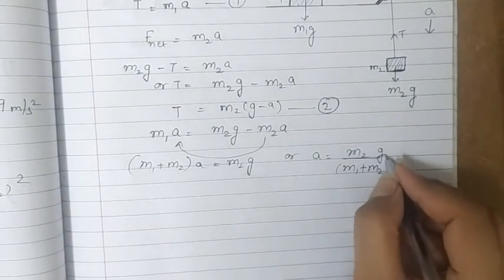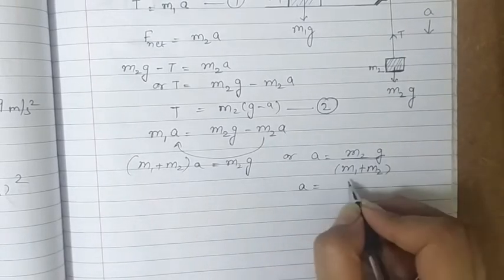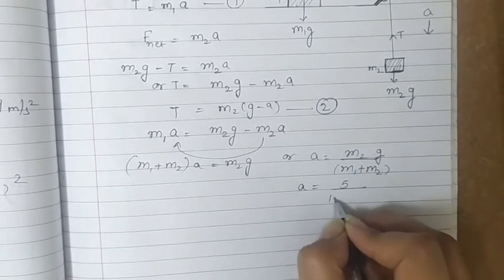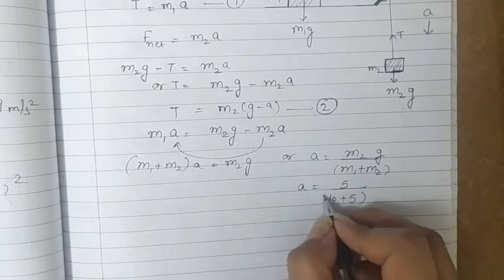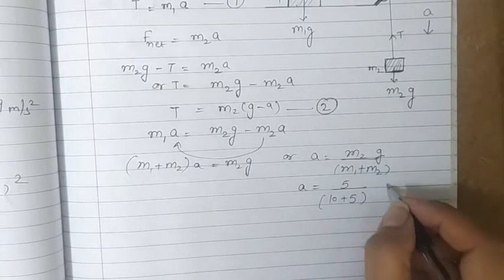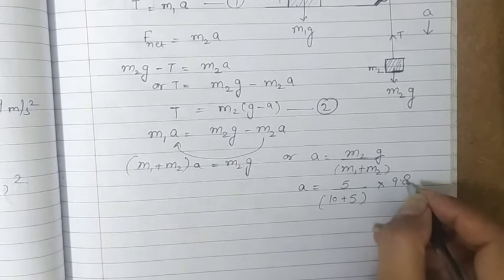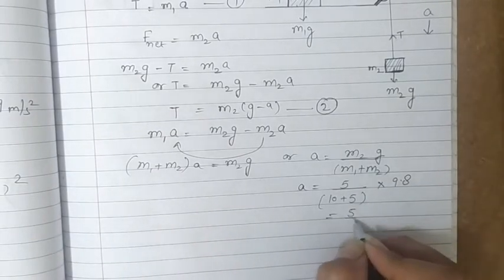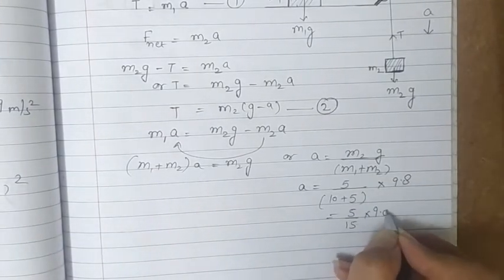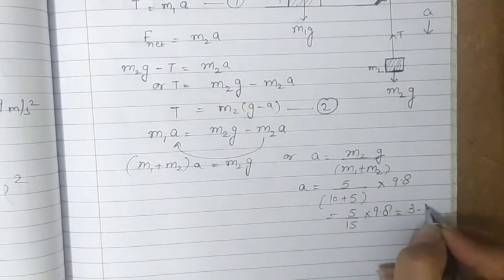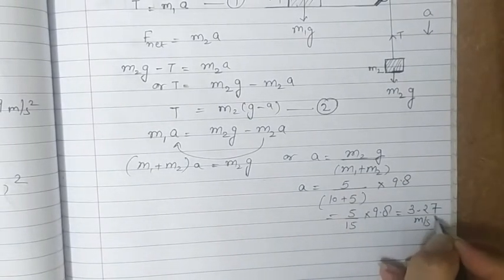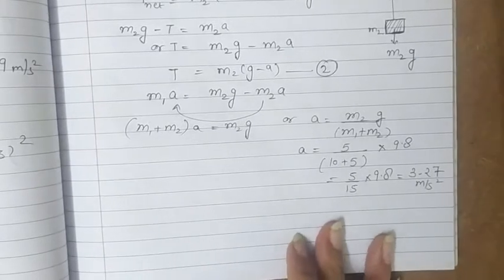We know all the values, so we can substitute these values and find the answer: 5 upon 10 plus 5, and g we are using 9.8. So we get 5 upon 15 into 9.8, that is 3.27 meter per second square. For acceleration the unit is meter per second square.